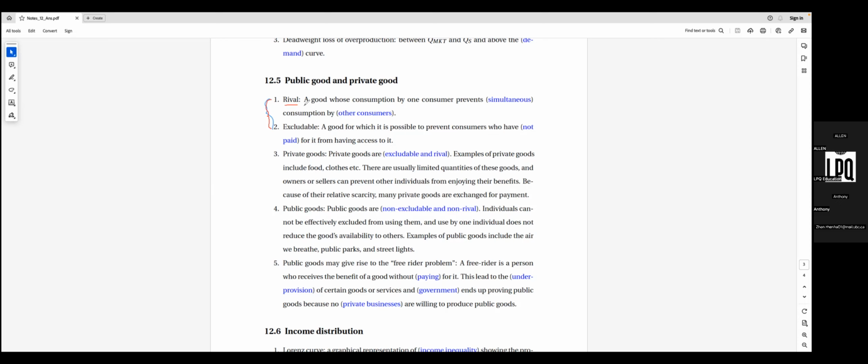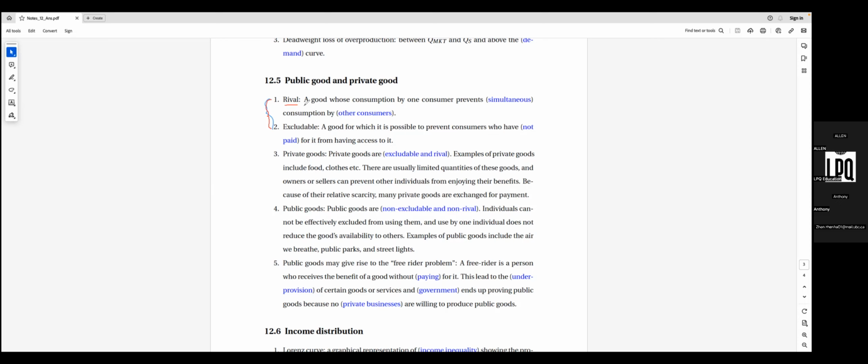What is a non-excludable good? Non-excludable means even non-paying customers can also have access to the good.